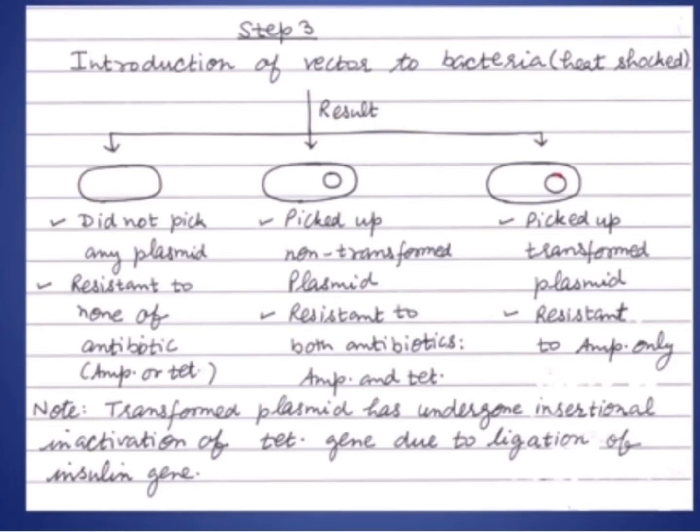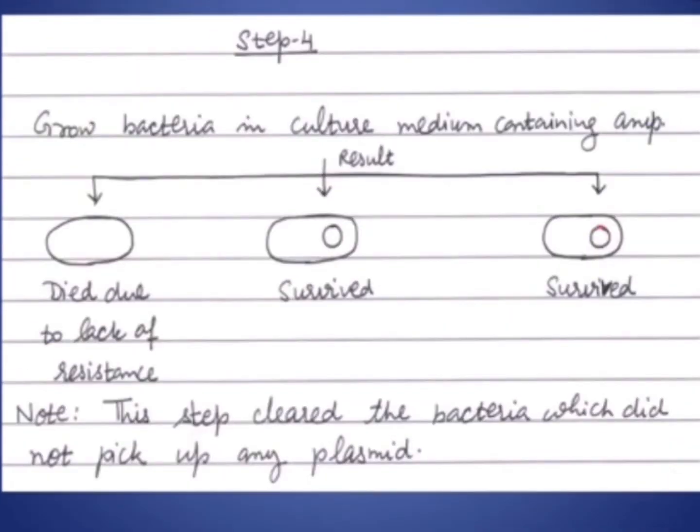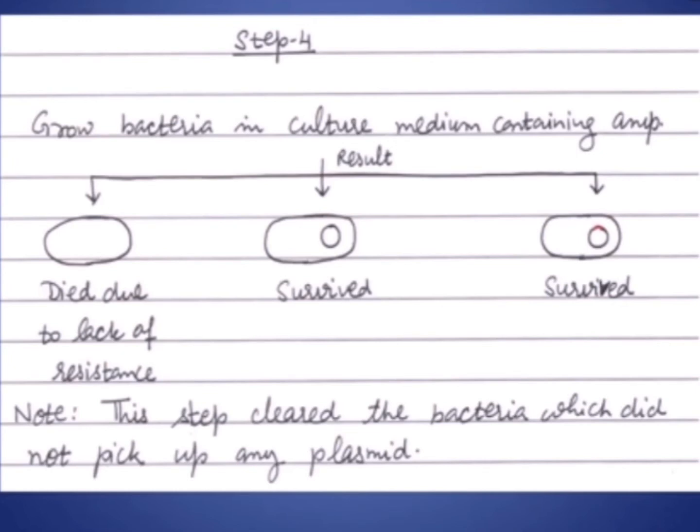That will come under step 4. In the fourth step, all these three types of bacteria are grown in culture medium containing ampicillin. Now imagine students, if these three bacteria are exposed to ampicillin, what is going to happen? Let us see one by one.